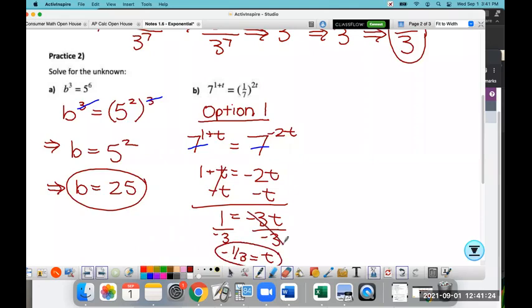Next. All right, second option. I am going to show you guys this method because sometimes there's going to be some equations where you can't necessarily drop the bases or drop the powers. So I'm going to restructure our equation so that we only have one exponential.